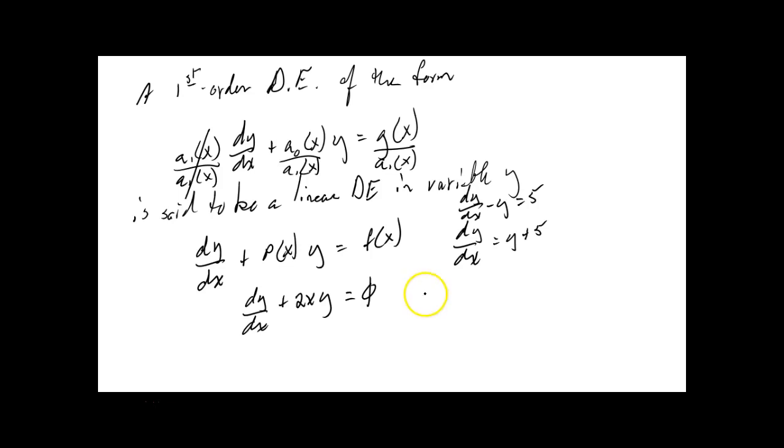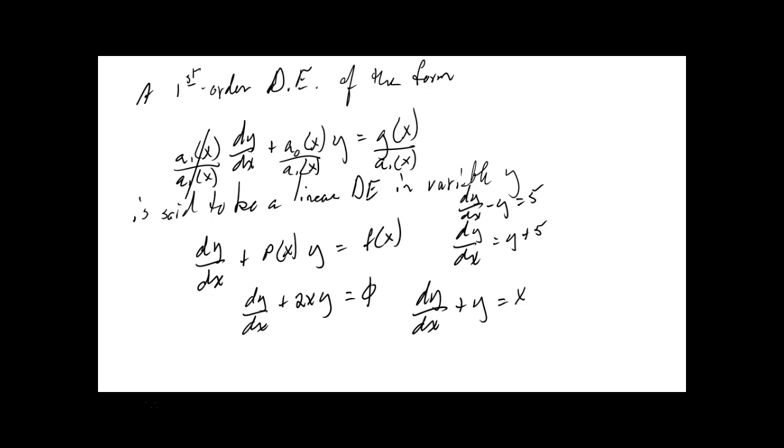How about this one? dy/dx plus y is equal to x. That's certainly linear. dy/dx, that's fine. The p of x is just 1, times y, f of x is x. Fine. Any way you can separate that one? Try like you might, you can't.